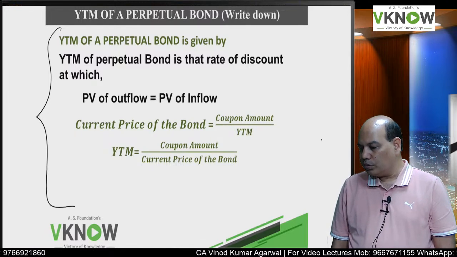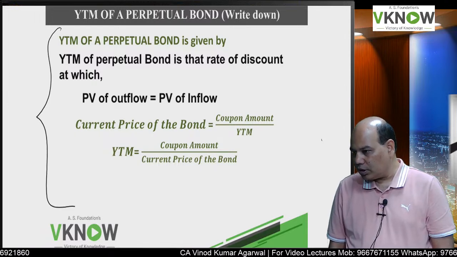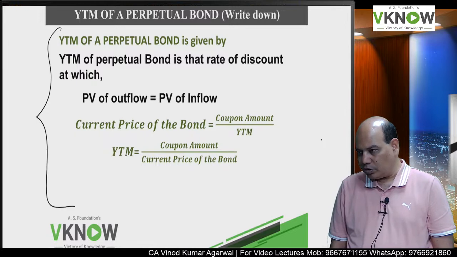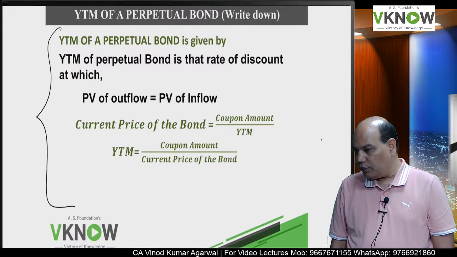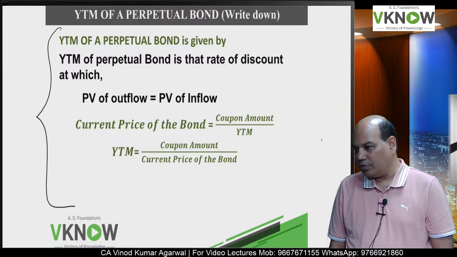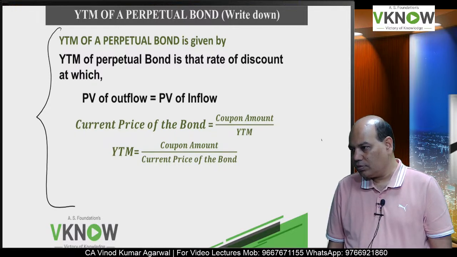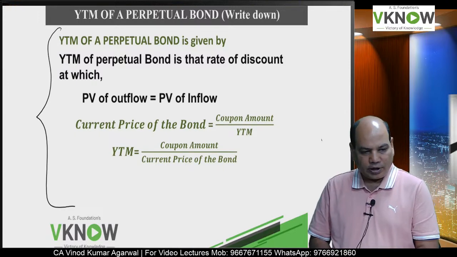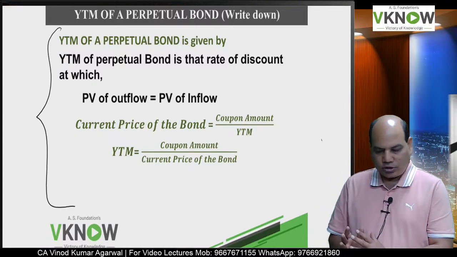PV of outflow means your current price of the bond, am I right? You have to buy a bond today, so write down current price of the bond. And PV of inflow is coupon amount divided by YTM. YTM is used as a discount rate.